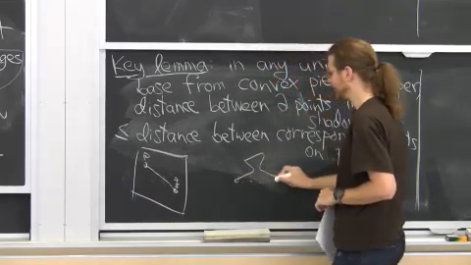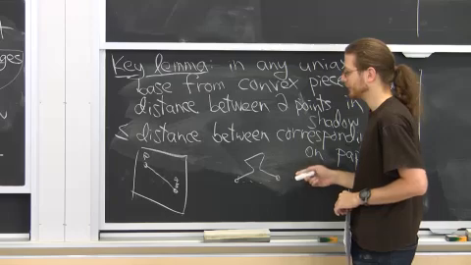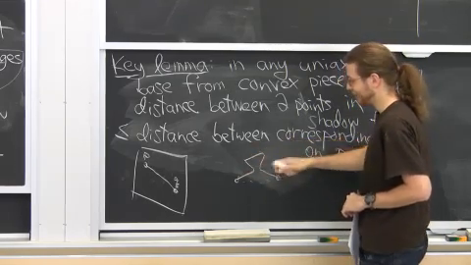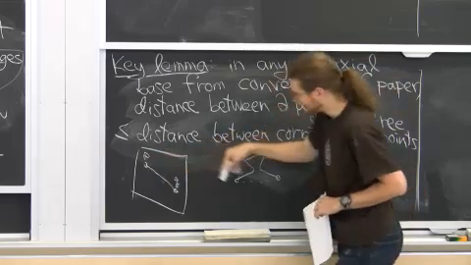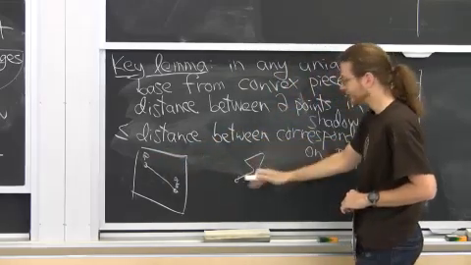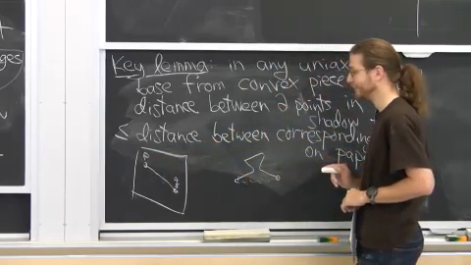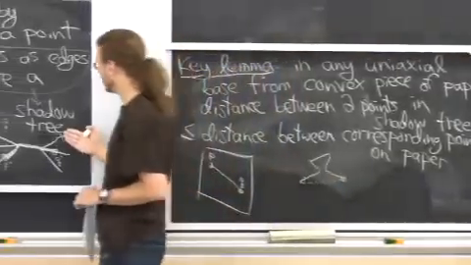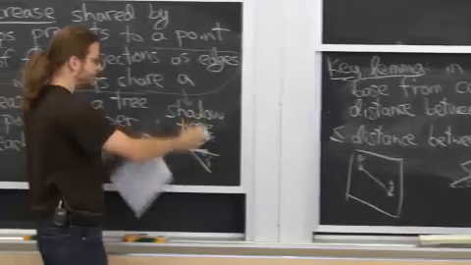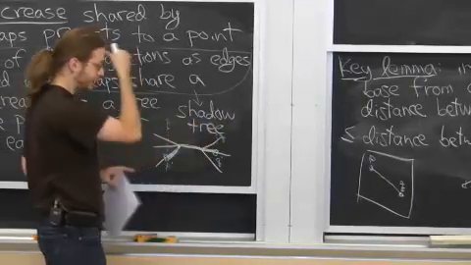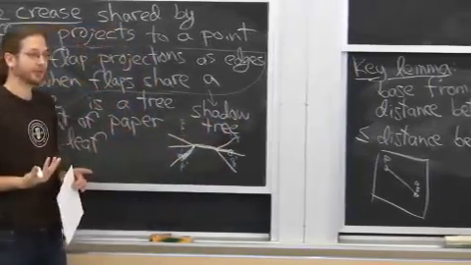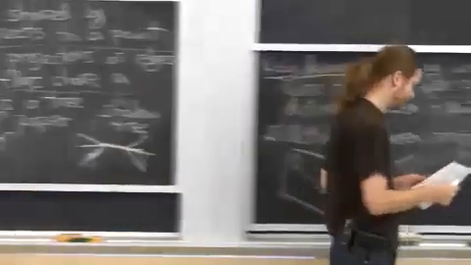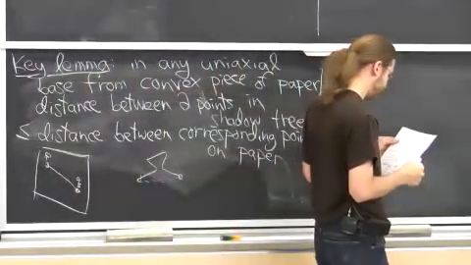Then the distance between P and Q gets smaller than the length of this segment. Because if I took this line segment of paper that got folded, and project it onto the line here, it's only going to get shorter. So I fold P and Q, they get closer in 3 space, and then I project them down to the floor. They can also only get closer when I do that. Yeah. So that's essentially the proof.